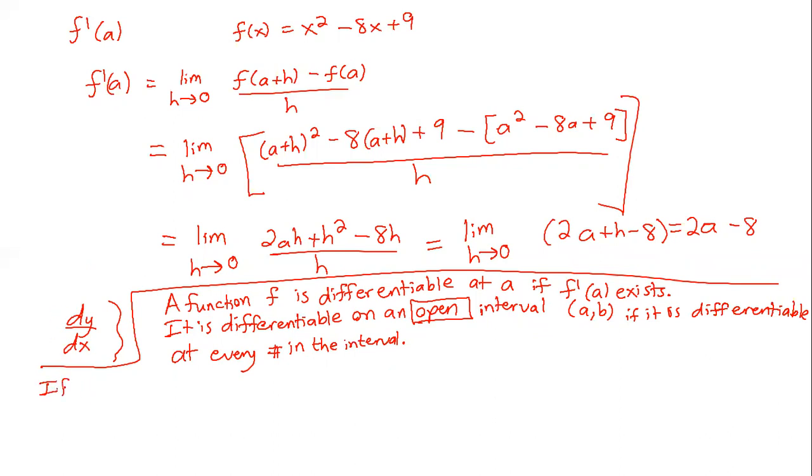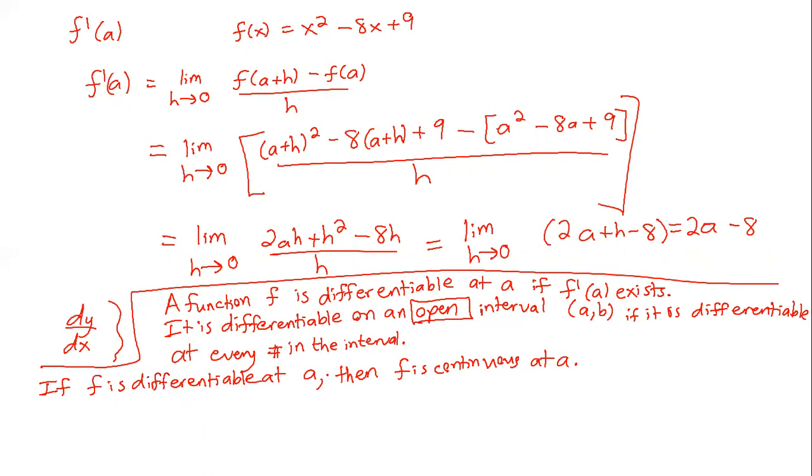Here's another important point. If f is differentiable at a, then f is continuous at a. But the converse is not always true. You can have functions that are continuous but not differentiable.